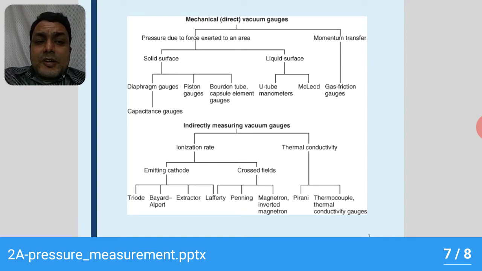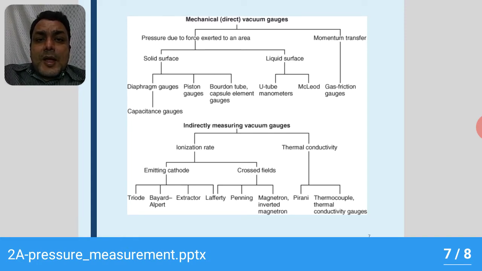For indirectly measuring vacuum gauges, we have ionization rate and thermal conductivity. That means we have emitted cathode and crossed fields. We have Pirani gauges and thermocouple thermal conductivity gauges. So there are various types of instruments for the measurement of pressures at different ranges.